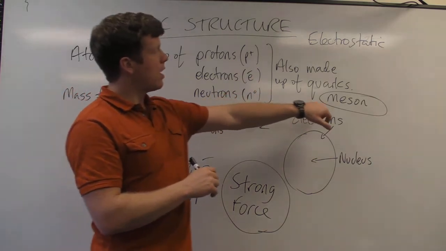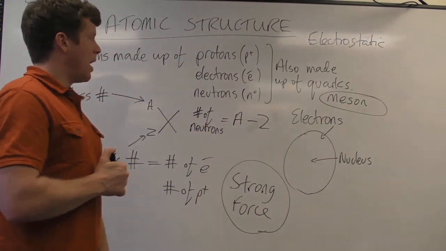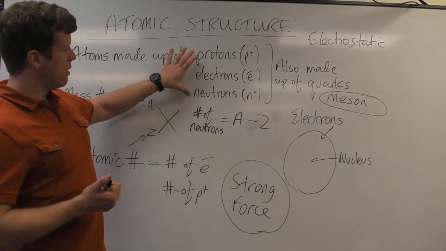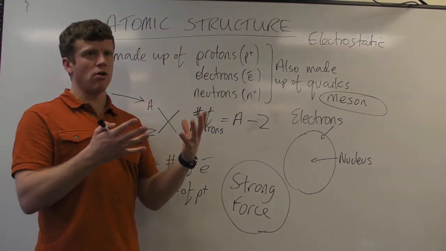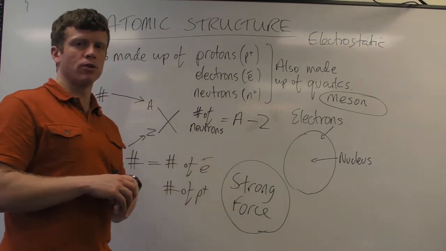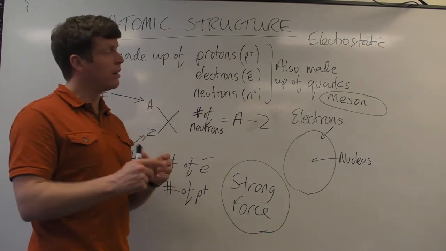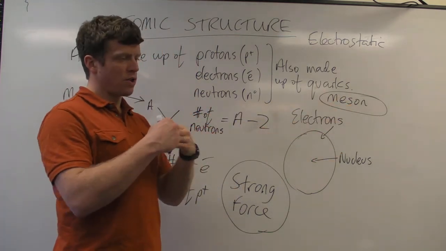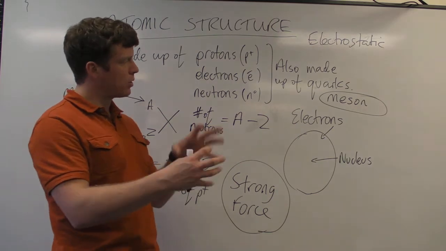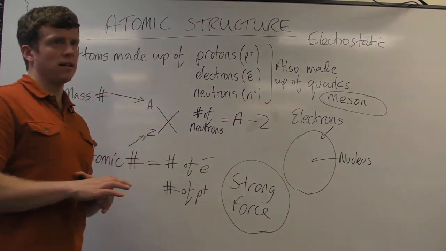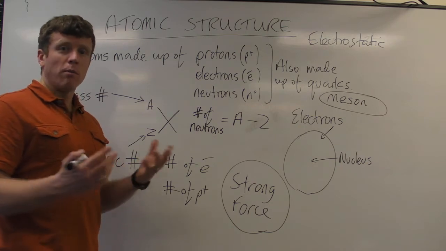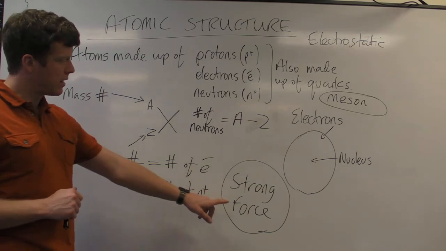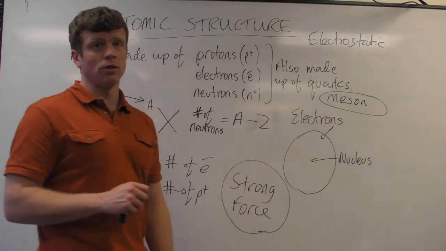There is a theory that involves these quarks, and it's a really important idea, especially in astronomy, because this will help stars form and also stay together. Understanding the quarks separating and then joining back together and helping keep the nucleus together is helping us understand a lot of astronomy, especially our own solar system and the sun. But the name of the force keeping the nucleus together is called the strong force.